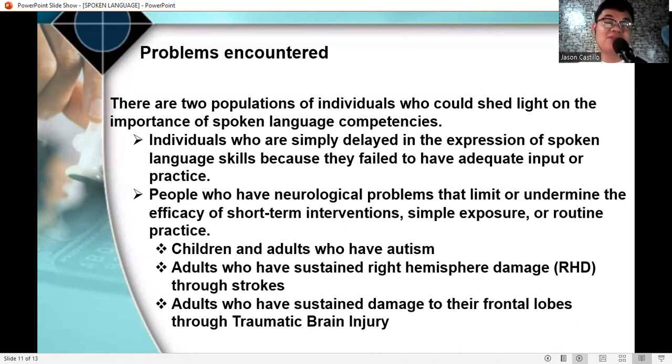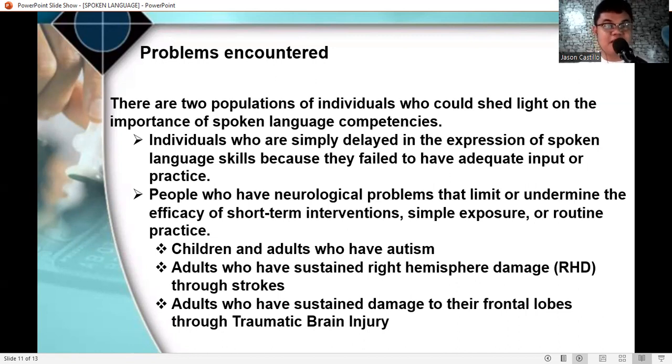So who are these people? Children and adults who have autism. They are having difficulty when it comes to spoken language competence. Adults who have sustained right hemisphere damage through stroke, and adults who have sustained damage in their frontal lobes through traumatic brain injury.